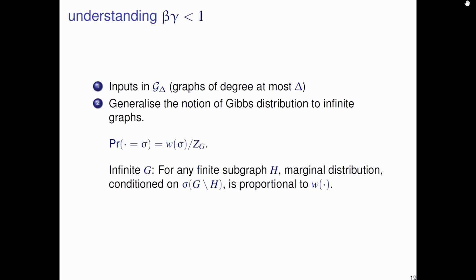In order to state this, I just have to slightly generalize the Gibbs distribution so that it applies to infinite graphs, but that's not going to be anything very surprising. A Gibbs distribution on an infinite graph just has the property that if you look at any finite region, then the conditional probability on that region is what you expect given the boundary.